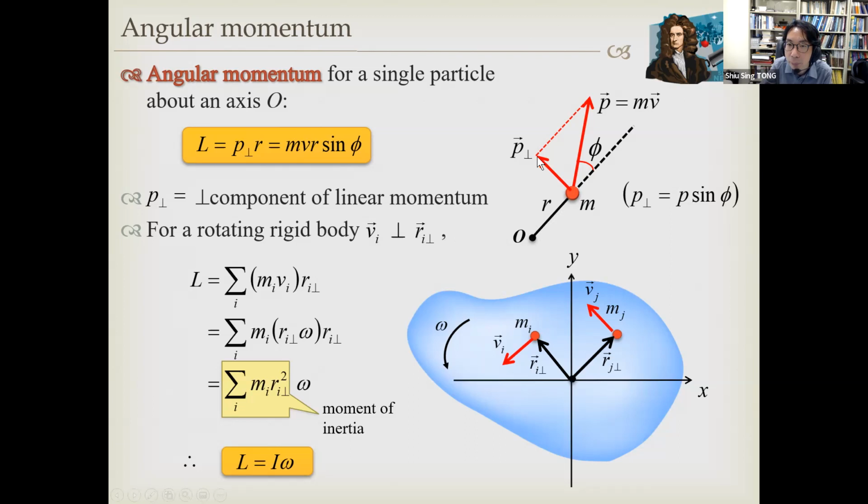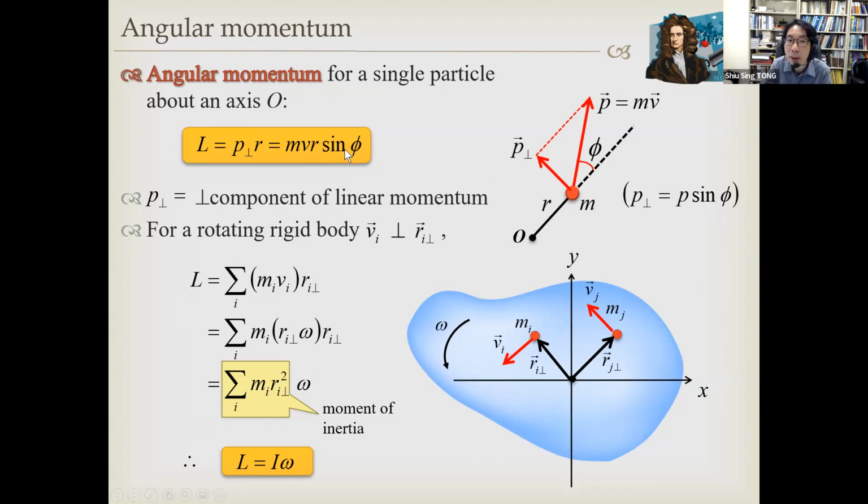So I now have p perpendicular multiplied by r as my angular momentum. According to this figure, the perpendicular component of the momentum is p sine phi, where phi is this angle, but p is mv. So you have mvr sine phi.